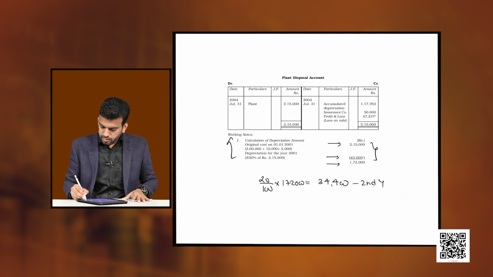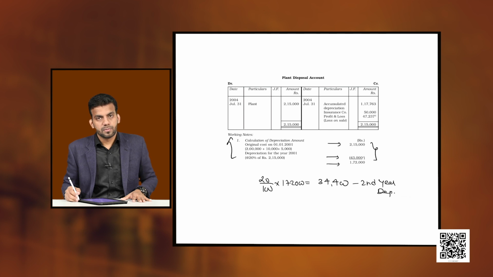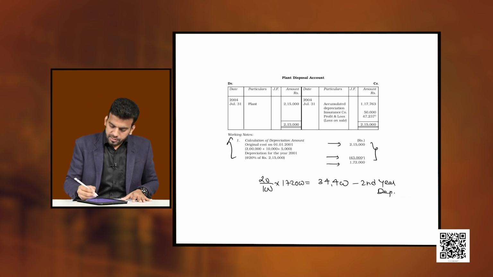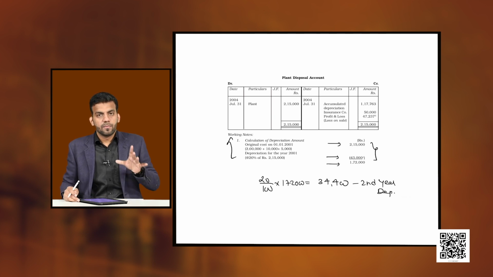This is going to be second year depreciation. Is it clear, students? So, here I charge my depreciation 34,400. Now, this would be accumulated and it would make it 77,400. This is the total amount of depreciation for 2 years on the machine bought on 1st January of the previous year.